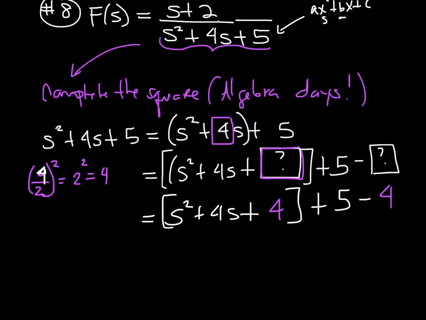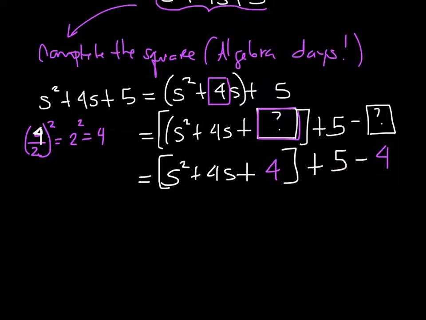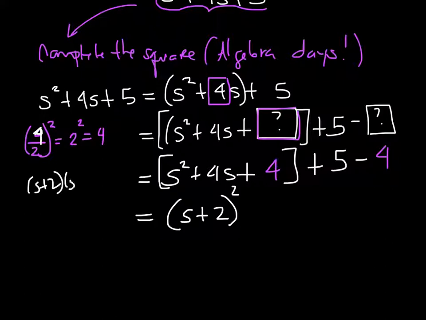Now this guy is a perfect square trinomial, meaning the factors are exactly the same. So if you factor this, this is s plus 2 quantity squared. If you FOIL this, you will get the polynomial above, s squared plus 4s. Plus, and this guy is just 1.